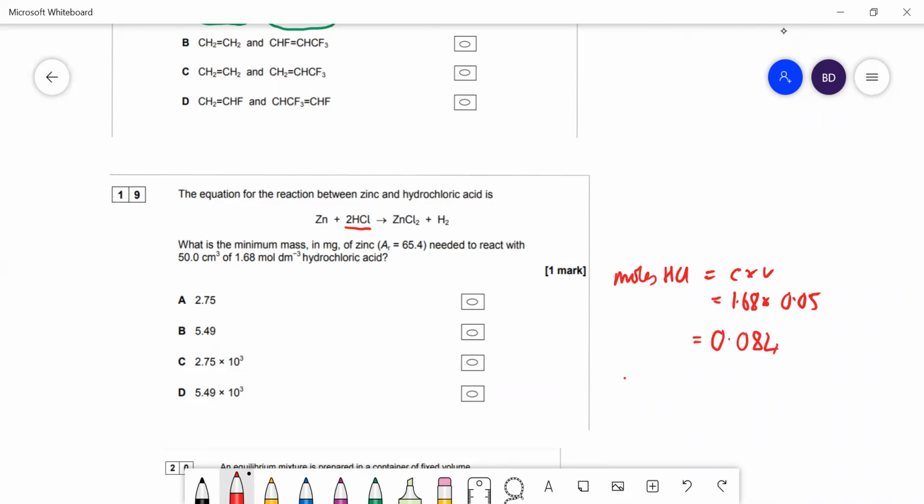So the moles of zinc, divided by 2, is 0.042. The mass of zinc is multiplied by the atomic mass of zinc, which they tell us is 65.4. That gives us 2.75 grams. That's the answer there.